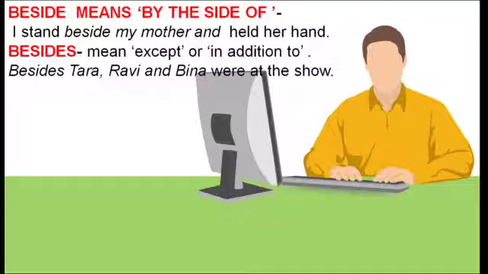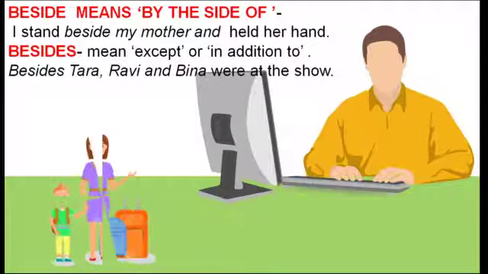Now let us see beside and besides. Beside means by the side of. Here you can see the example: I stand beside my mother and held her hand. Easily you can understand this. Beside means by the side.